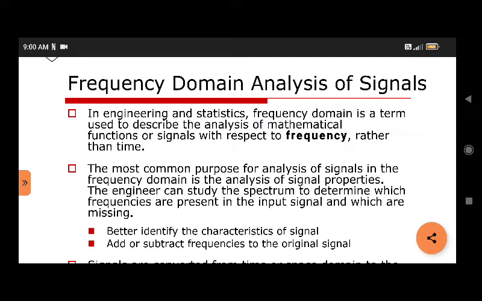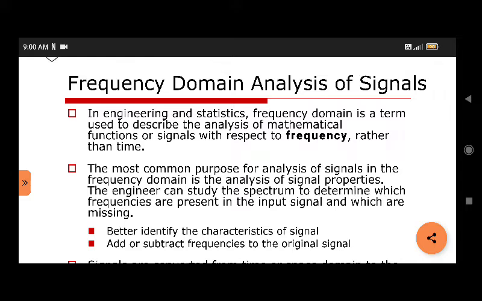Keep in mind that frequency domain is the analysis of mathematical functions or signals with respect to frequency. We will analyze any mathematical function or signal with respect to frequency, not time.